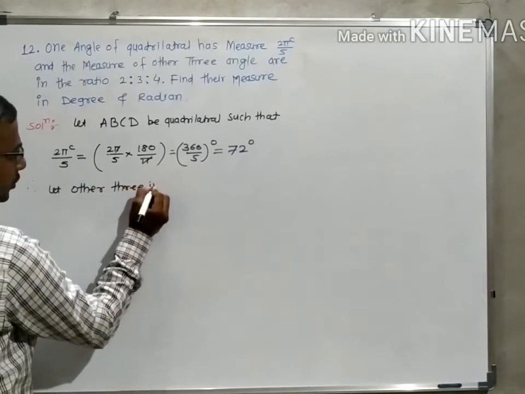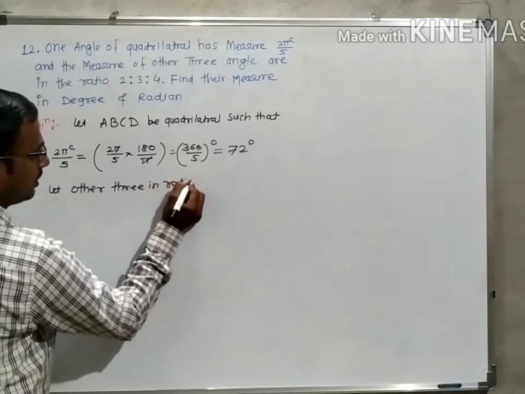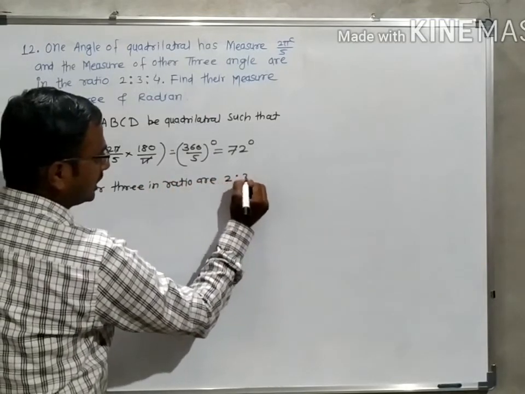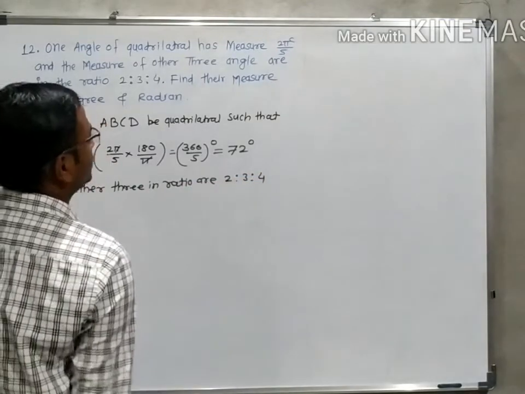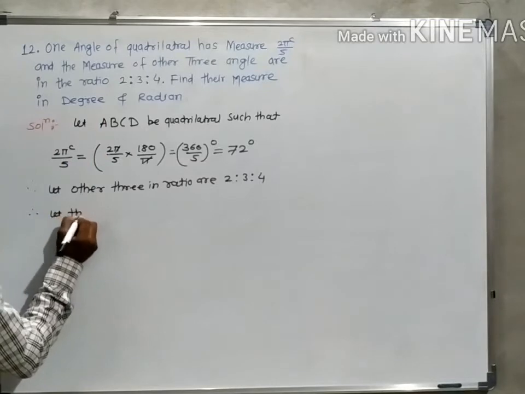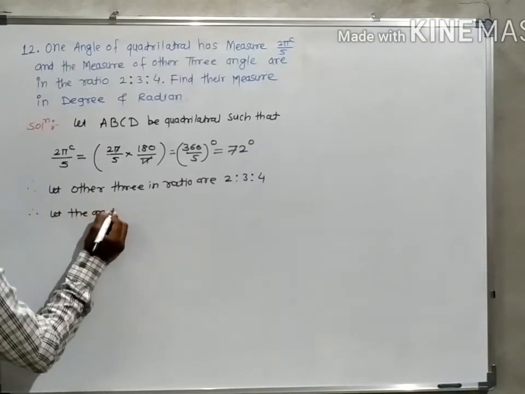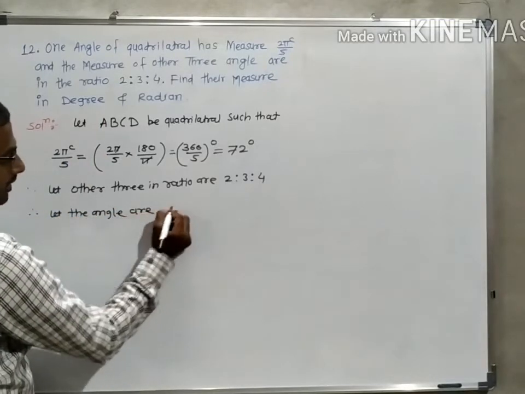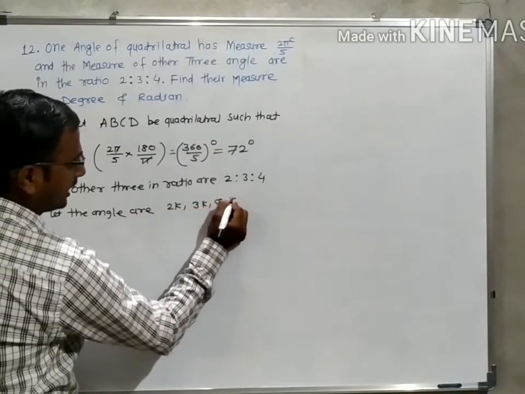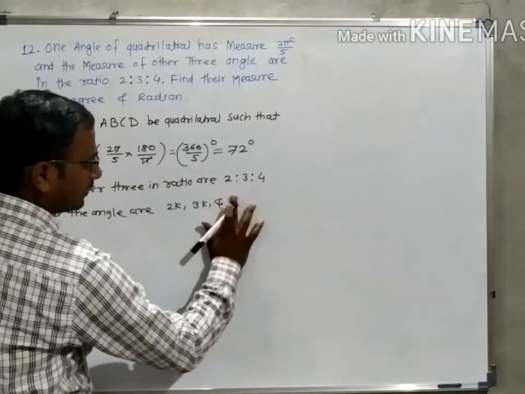Therefore, let the other three angles be in the ratio 2:3:4. So let the angles be 2k, 3k and 4k.